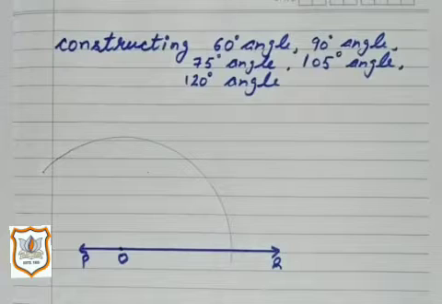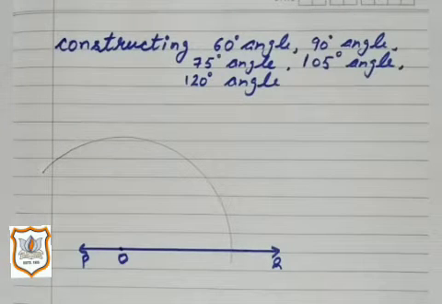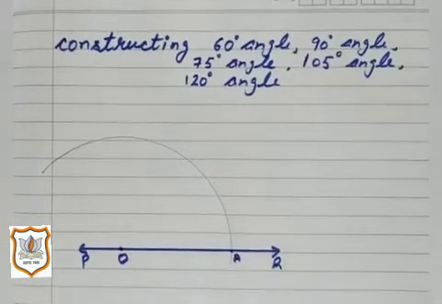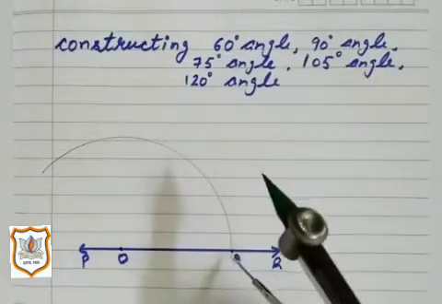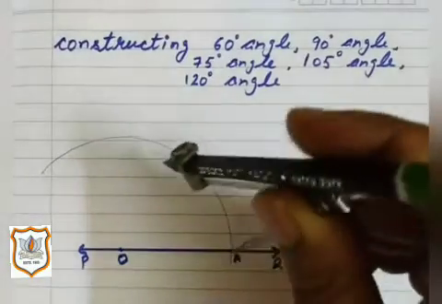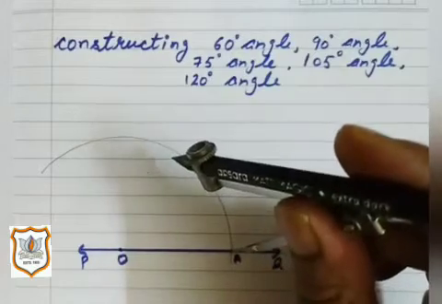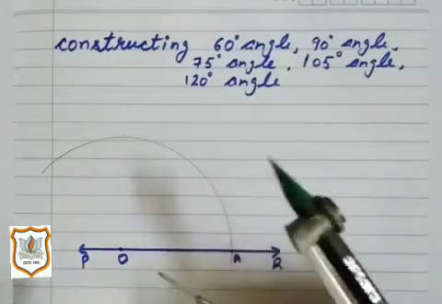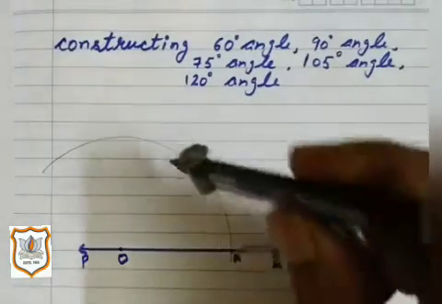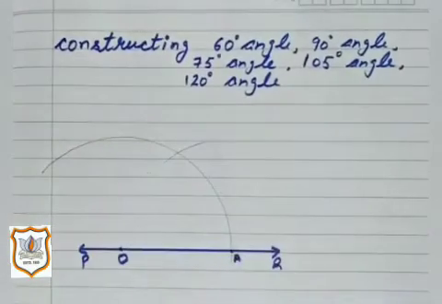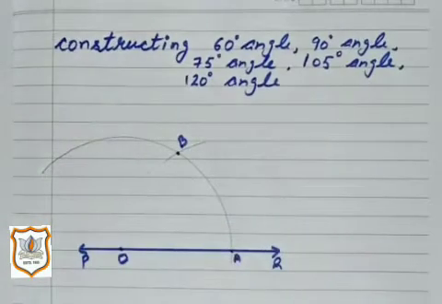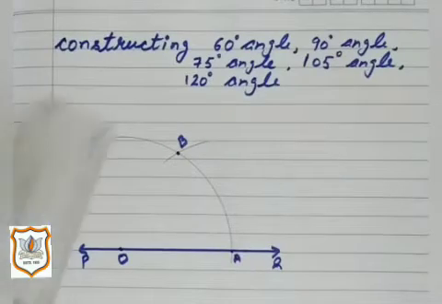Now without disturbing the radius on the compass, this is point A. Now we will take A as a center and draw an arc. Students, you have to remember here, without disturbing the radius on the compass. Clear? Now draw an arc which cuts the previous arc at point B. So this is point B. Now join point B and point O.